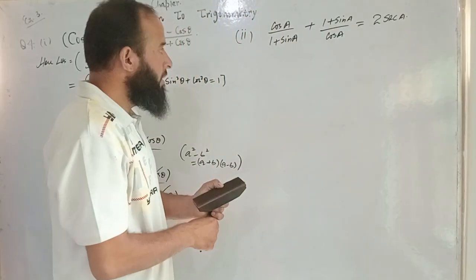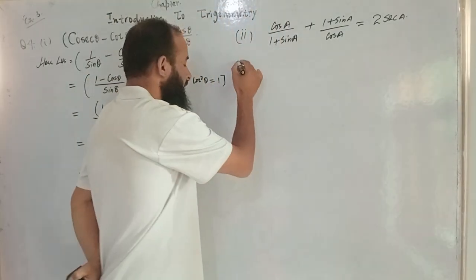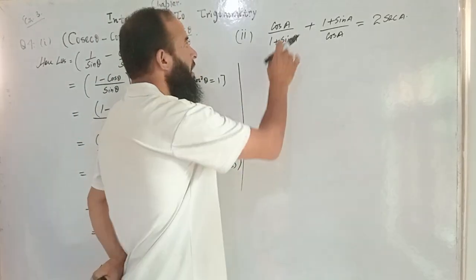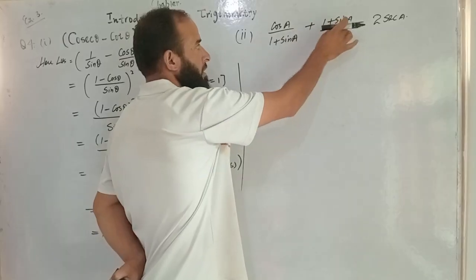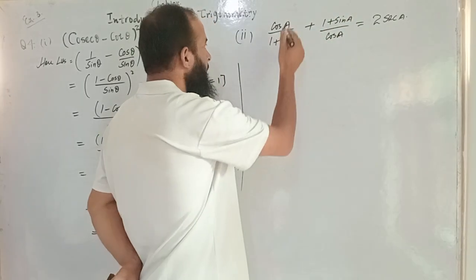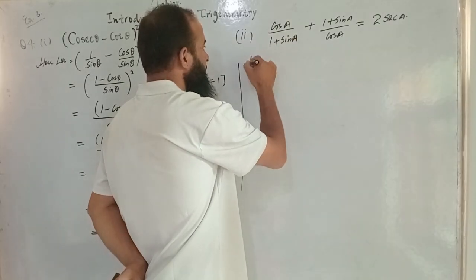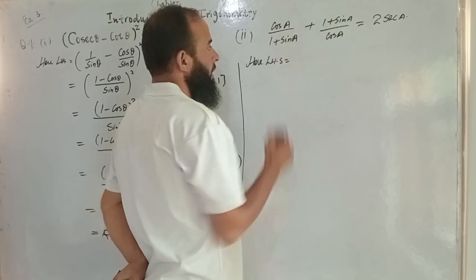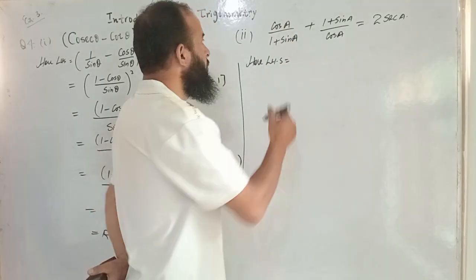Dear students, let's take the left hand side of the question, that is cos of A upon 1 plus sin A plus 1 plus sin A upon cos A, is equal to twice sec A. Here LHS is this part.